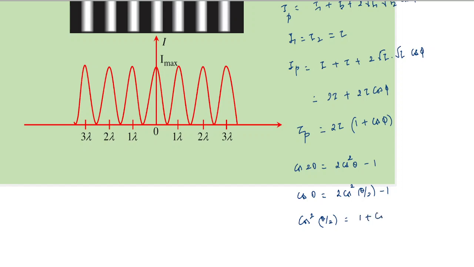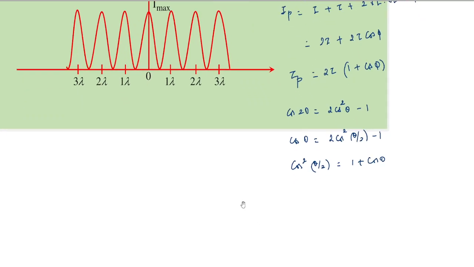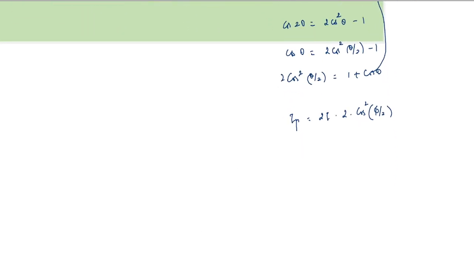Using phi in place of theta, therefore IP is equal to 2I into 2 cos square phi by 2. Therefore, the intensity at any point is equal to 4I cos square phi by 2.